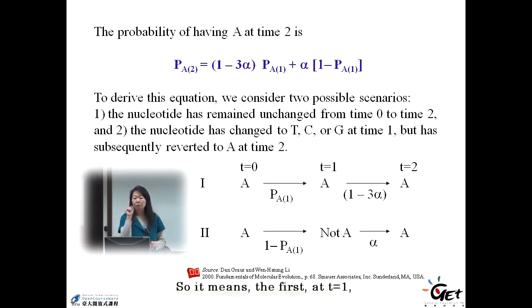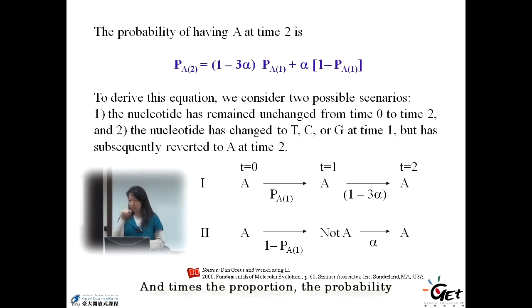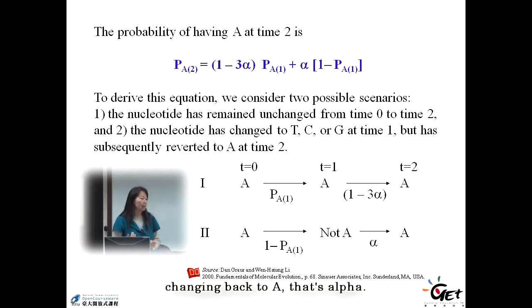At t equals 1, the nucleotide is a non-A, so the probability of non-A is 1 minus the probability it is an A, times the probability of changing back to A, which is alpha.